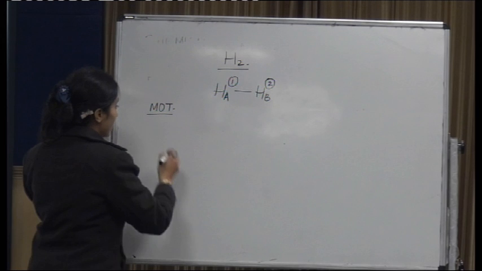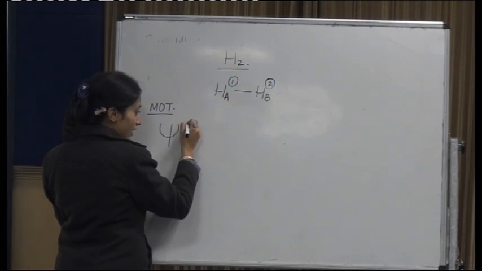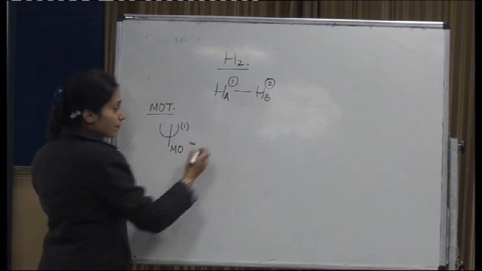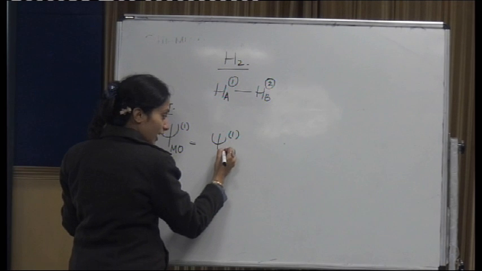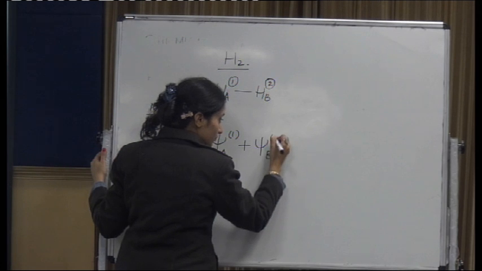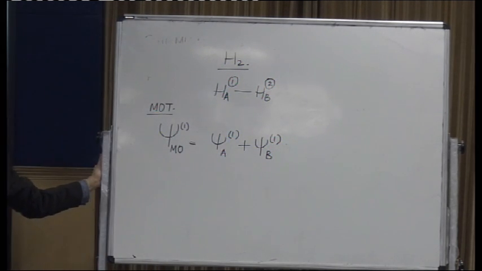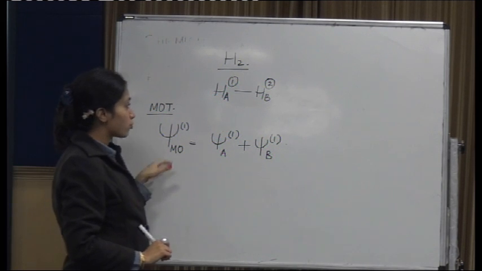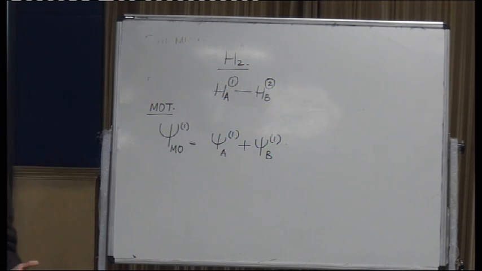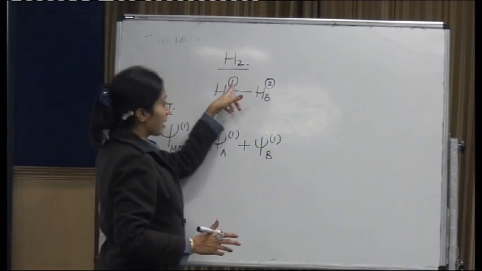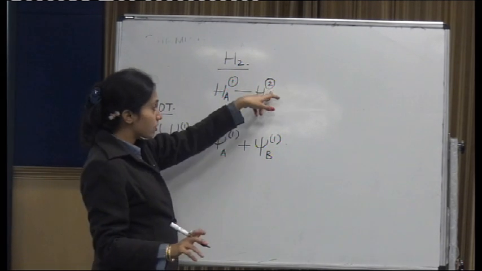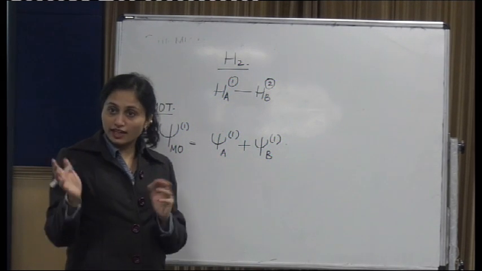That means that if I am writing down the wave function of electron number 1 according to the molecular orbital method, then my electron 1 is associated with A also and with B also. Do you get it? Now in the molecular orbital approach, each electron is interacting with all the nuclei of the system. What was it in valence bond? Electron 1 is interacting only with A. It is not bothered about B at all. And electron 2 was interacting only with B. Right? Each electron with its own atom.